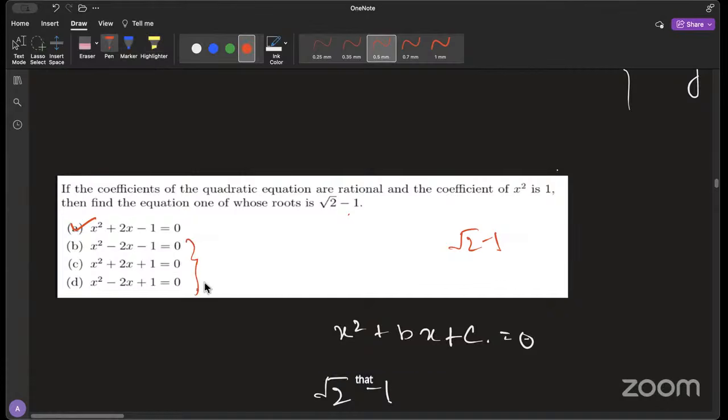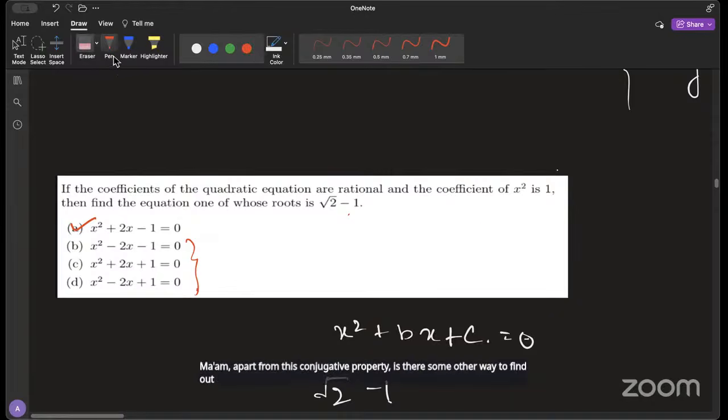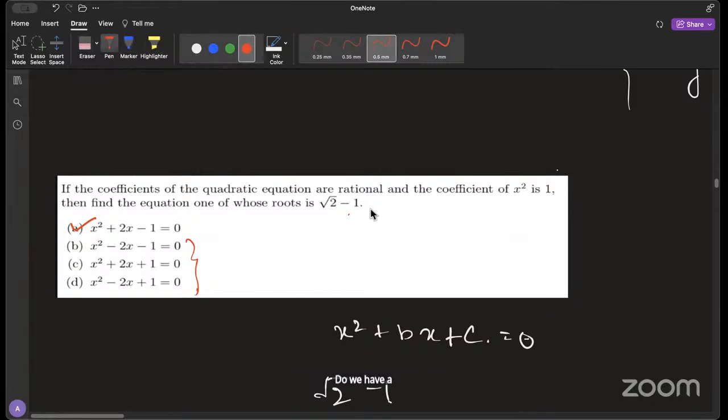That means the other options can't satisfy this root. Ma'am, apart from this conjugate property, is there some other way to find the other root? There's no other way. Do you have a problem learning this? Because it's very easy. If you have this as a root, then the other root is going to be this. That's it.